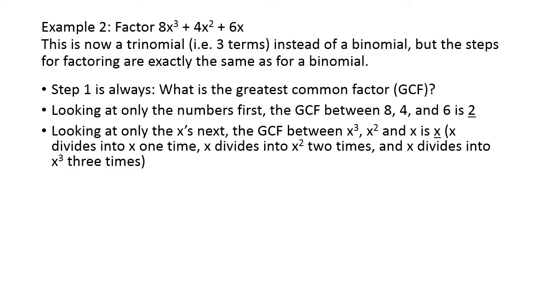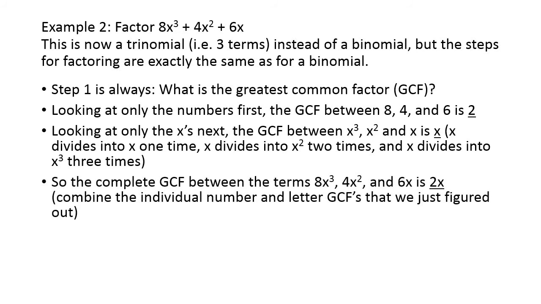Looking at only the x's next, the GCF between x cubed, x squared, and x is x. You'll notice that it's basically the smallest degree of variable. So the complete GCF between the terms 8x cubed and 4x squared and 6x is 2x.